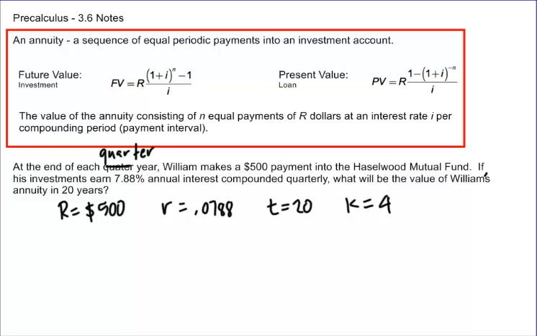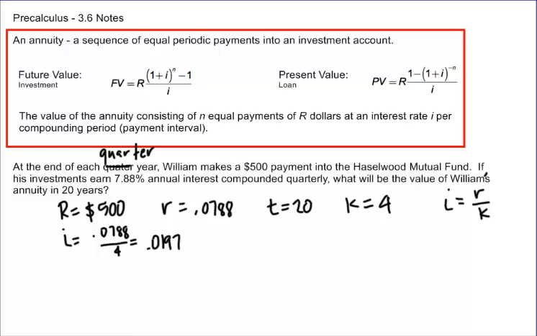So my I value is going to be the rate divided by the K. So for this, I is going to be 0.0788 divided by 4, and 0.0788 divided by 4 is, one second while I punch it in, is equal to 0.0197.